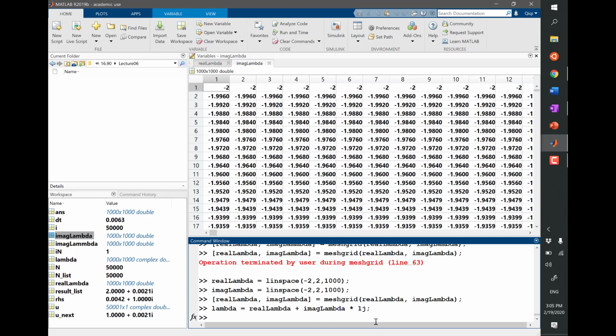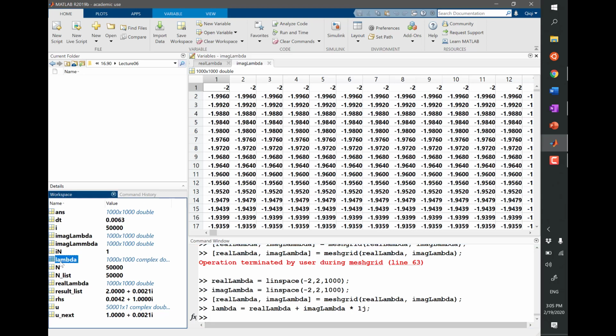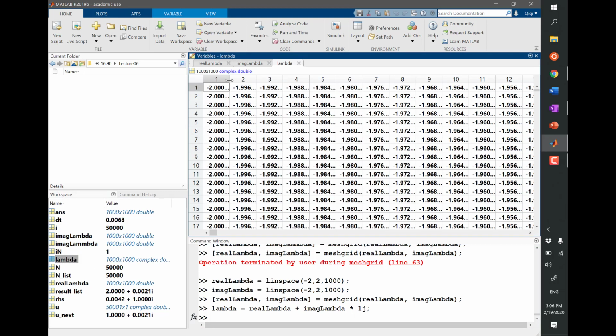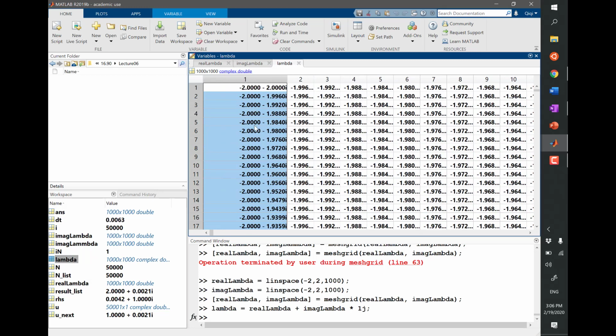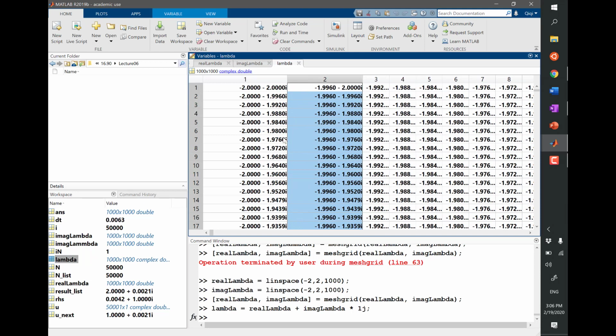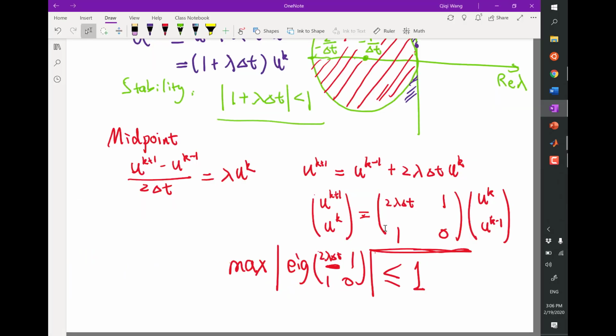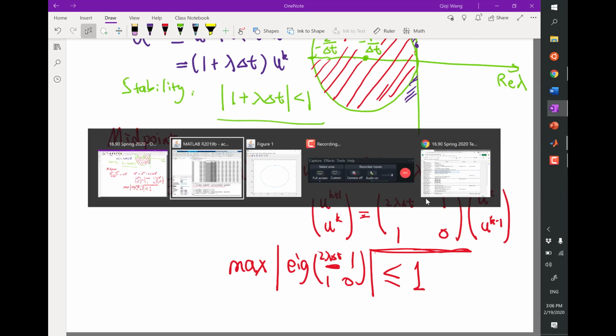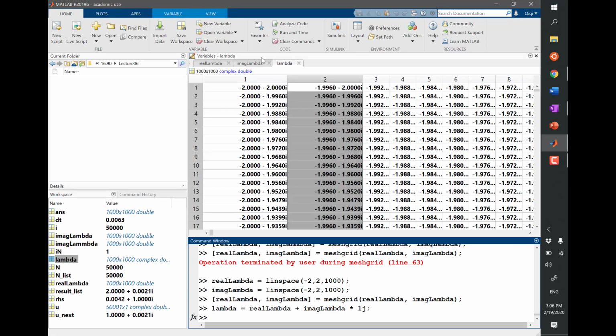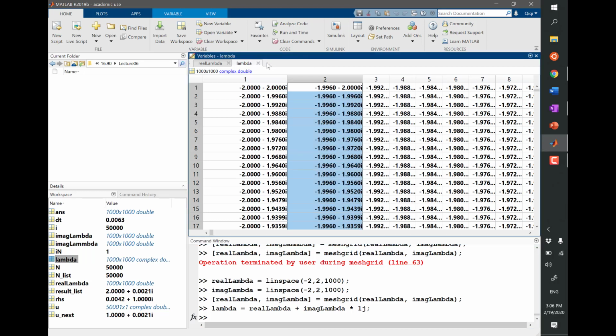So I have a lambda that is a 1000 by 1000 matrix, where the real part changes along the columns and the imaginary part changes along the rows. Let's figure out the maximum eigenvalue of this matrix. Let's write a simple code to do that.